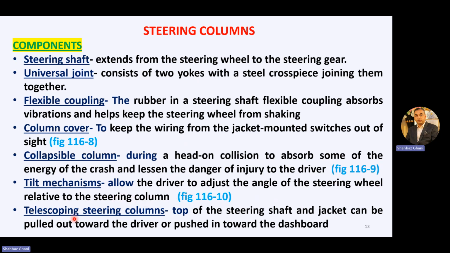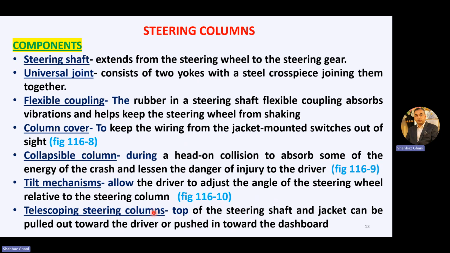Then we have a telescopic steering column. Another thing: first is the tilt mechanism, then second is the telescopic steering column. The top of the steering shaft and jacket can be pulled outward towards the driver or pushed in towards the dashboard. If we want to increase or decrease the length of the steering shaft for comfort, ergonomics, or ease in the steering mechanism, we can have this telescopic steering mechanism.